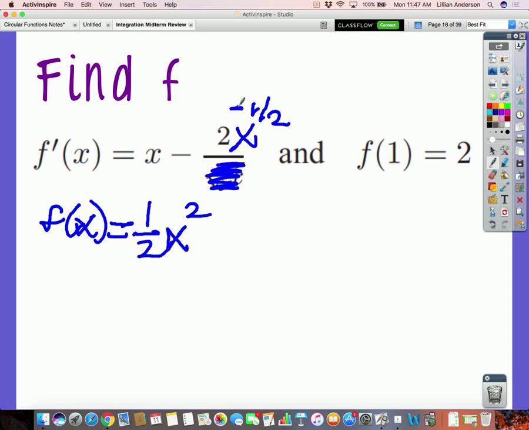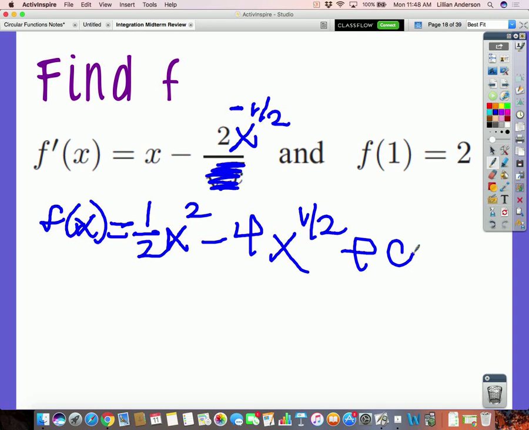So when you take the antiderivative of that, you would add 1 to the exponent, which turns into a positive 1/2. And then you divide it by 1/2, which turns into a minus 4x to the 1/2. Okay?